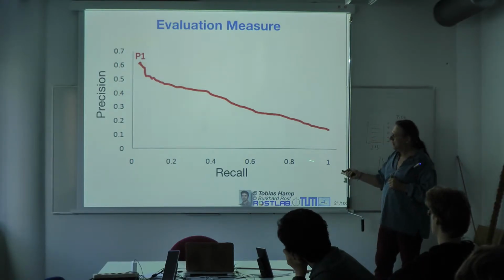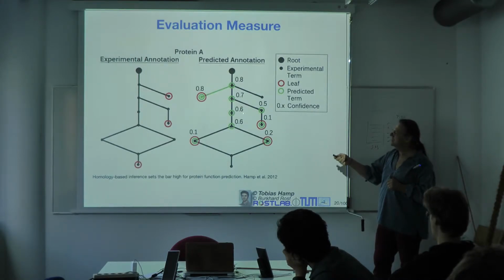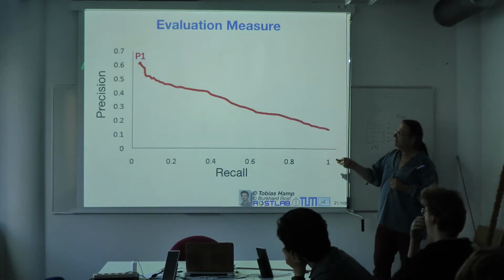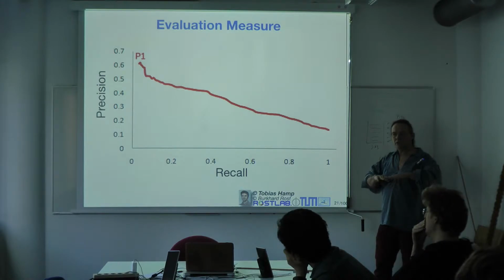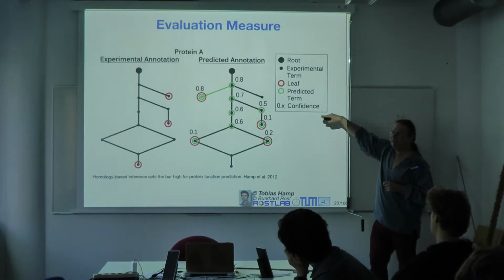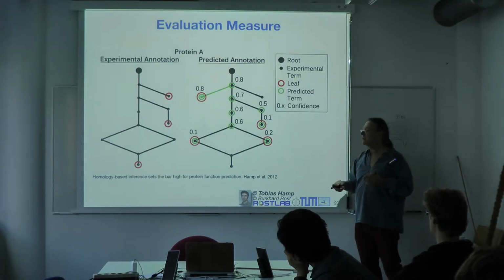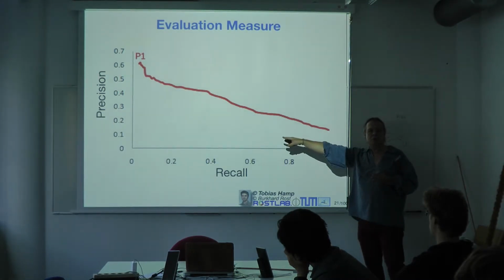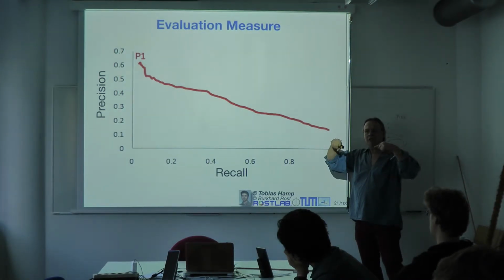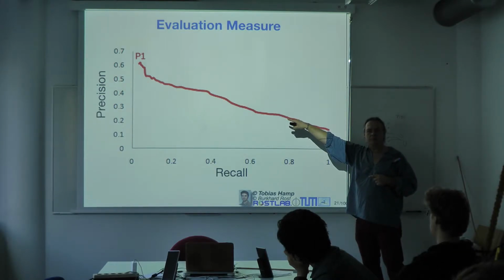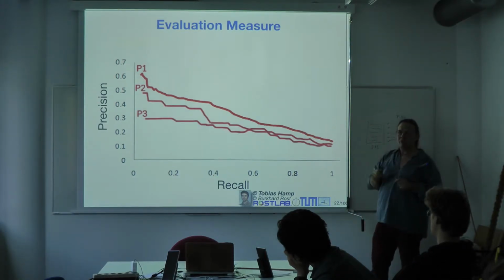Here's another problem. Say we get a particular score, and again this is translatable to recall and precision. If I cut my tree at different levels, at different levels I have a different recall versus precision point. So each cut in the tree corresponds to one point here. Now on top I may have 3 different models, meaning 3 different outputs.